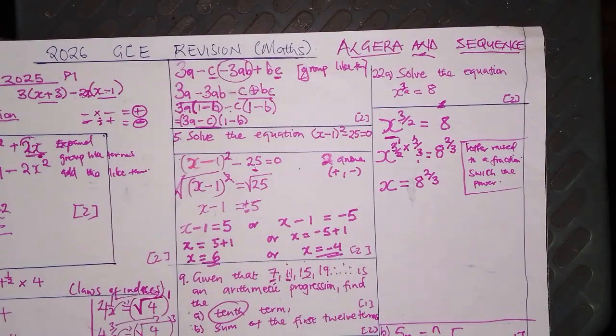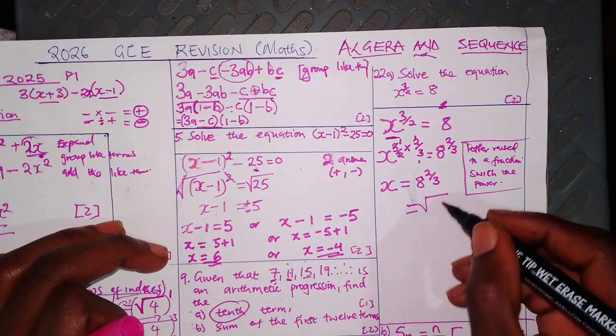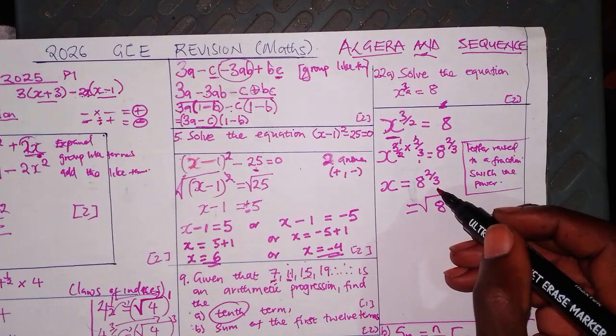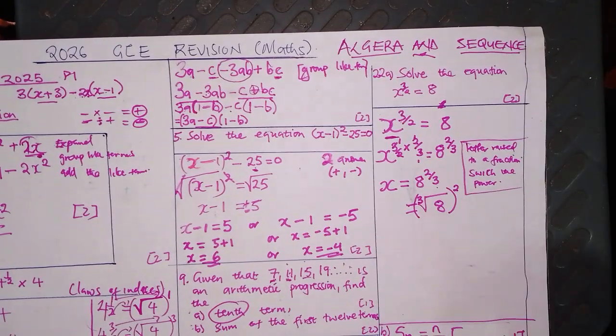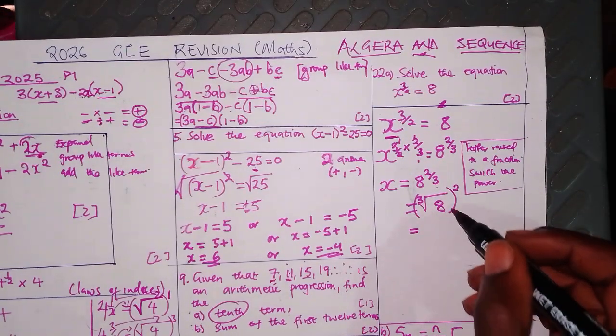Going back to our principle, whenever you have a number raised to a fraction, you do what? You take the root. So you say the square root of 8. But remember, we don't have 2 here. We have what? 3. Then our power will be 2. So what is the cube root of 8?